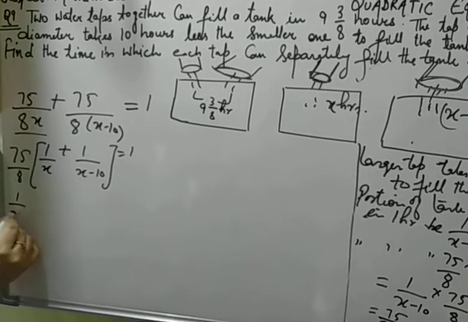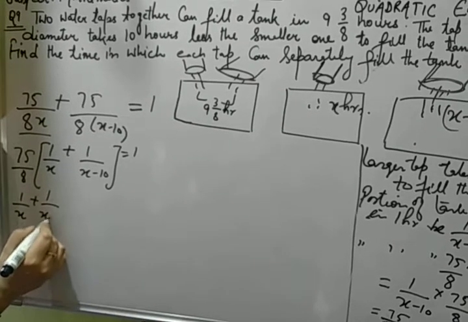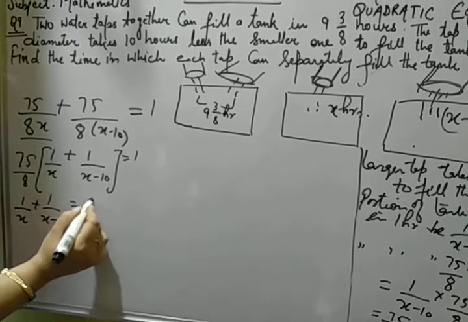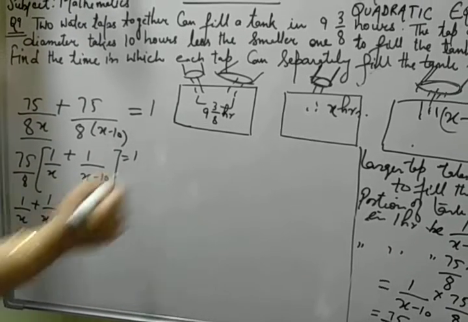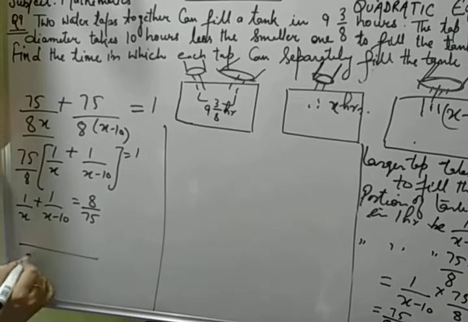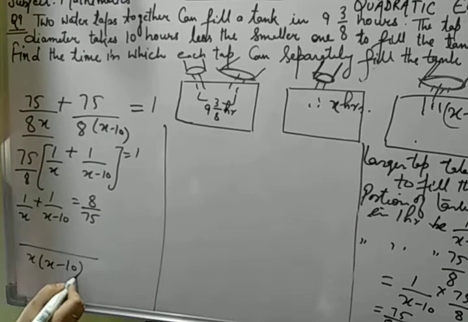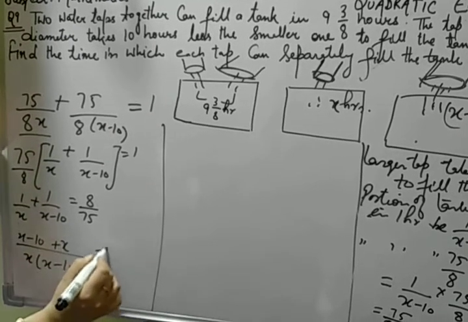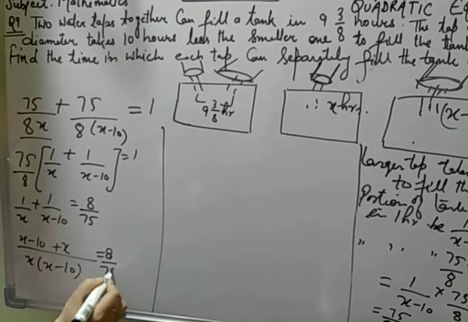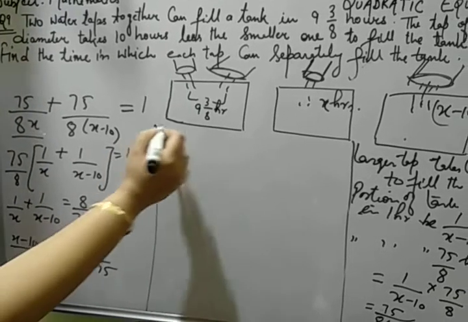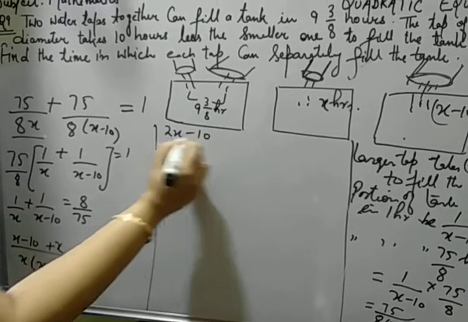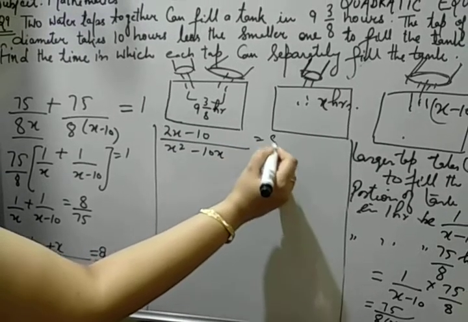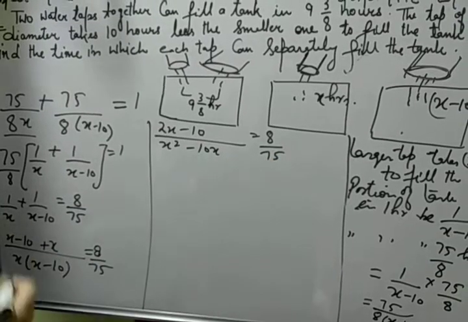Now 1 upon x plus 1 upon x minus 10 is equal to 8 upon 75, when we shift it here. Take LCM: x into x minus 10. x minus 10 plus x is equal to 8 upon 75. So 2x minus 10 upon x square minus 10x is equal to 8 upon 75.